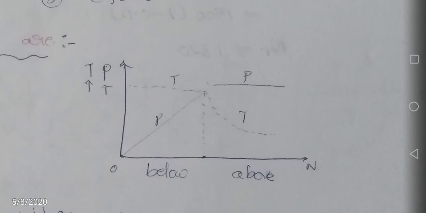When P equal to T omega, then omega equal to P by T. But at the same time, one variable is varying, power or torque. If power is variable, then torque is constant. If torque is variable, then power is constant.